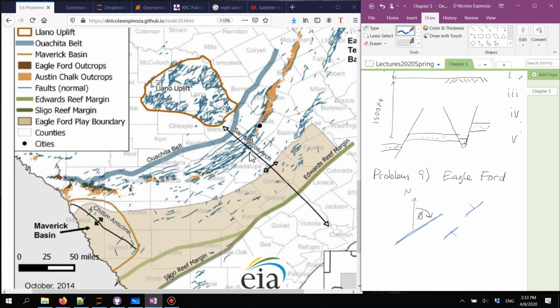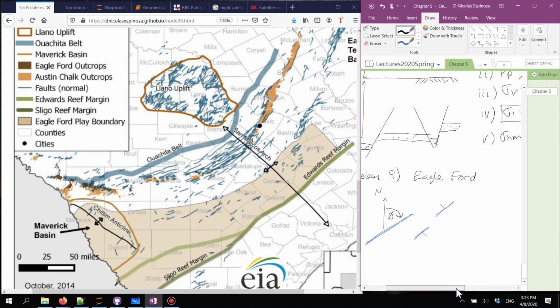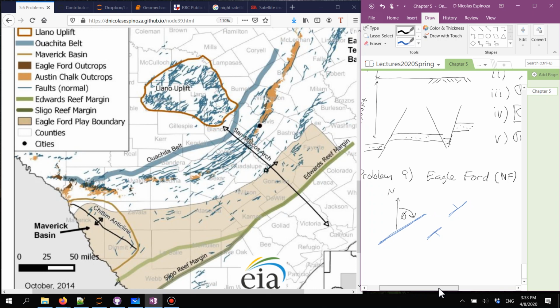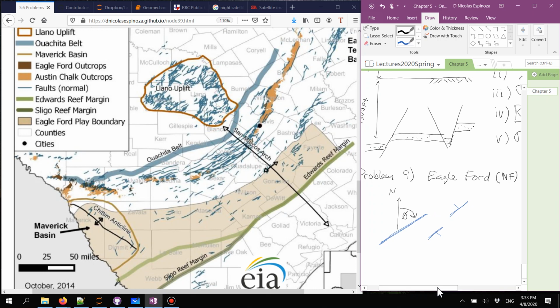So if this is normal faulting and you know the strike of those faults, you should be able to tell me what is the direction or the orientation of the principal stress in this case. Again, I'm not asking you for a magnitude of that stress. I'm just asking you about the orientation.